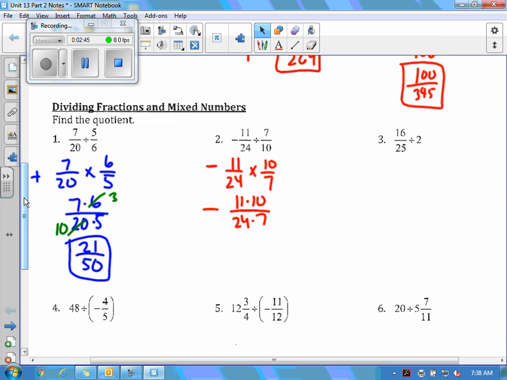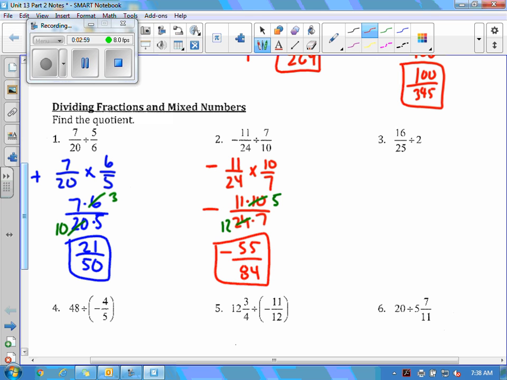Again, I want to simplify first. 10 and 24 can both be divided by 2. So when I multiply that out, I'll have negative 55 over 84. Number 3, I will leave up to you guys.